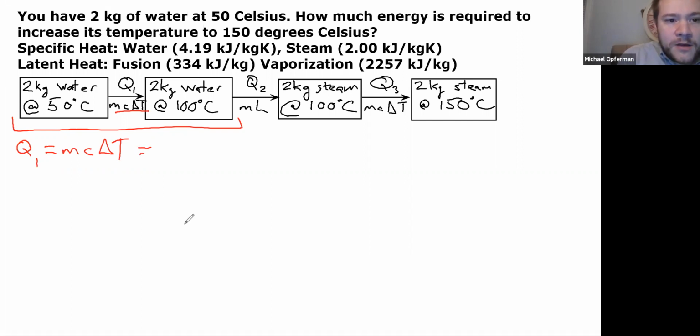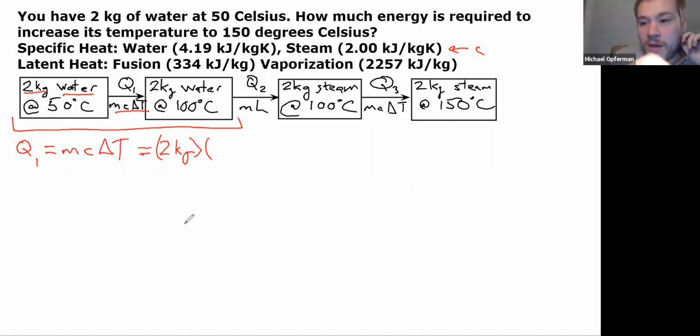Okay, M, I can see here, M is 2. C, okay, which C do I use? Because there were 2 C's given in the problem. Remember, C is the specific heat. I can see that from here. I'm interested in water right now. And it should be the same in both boxes if you're doing a temperature change.